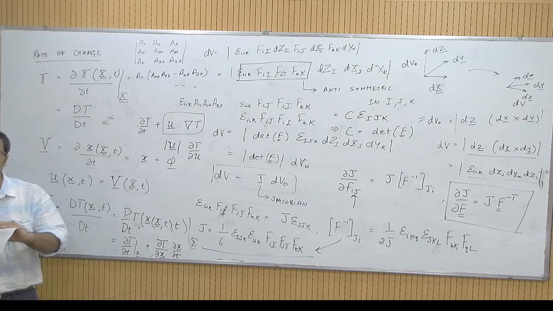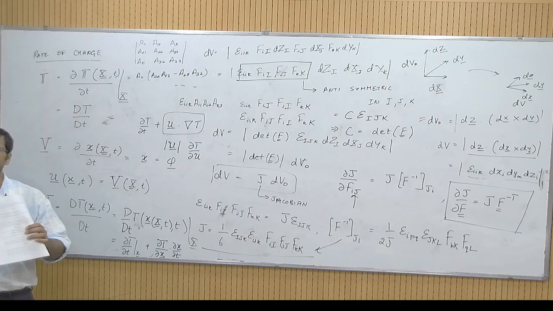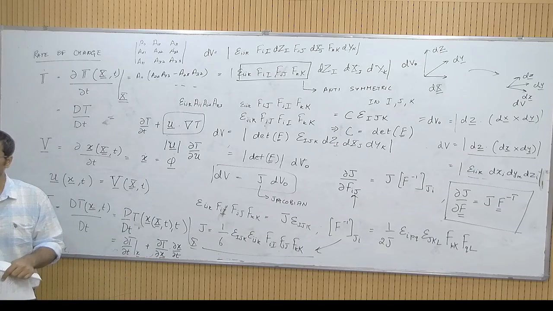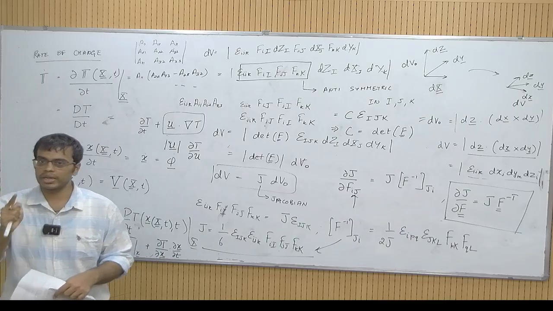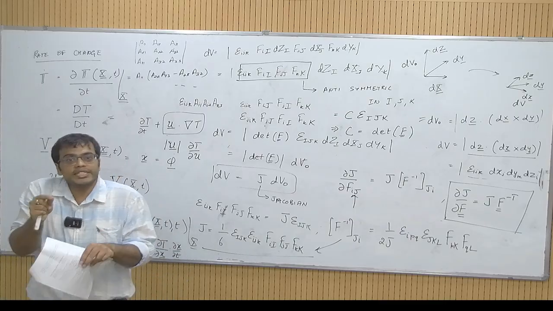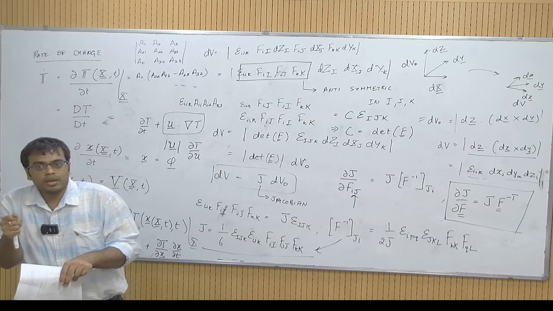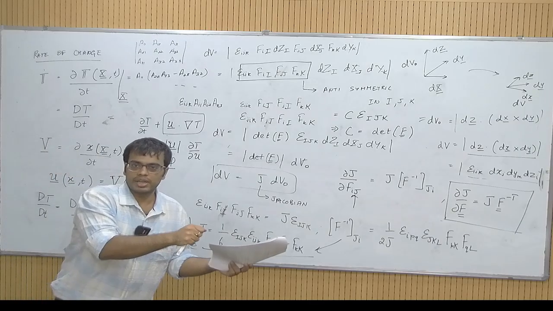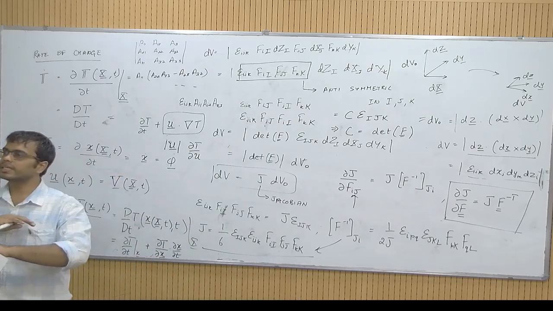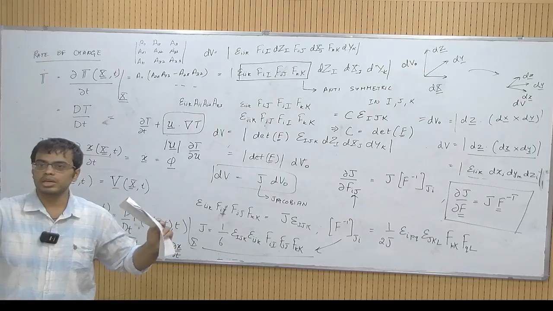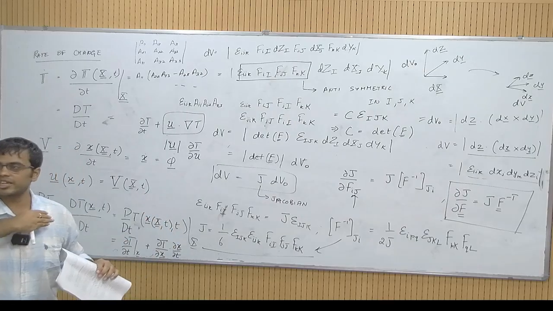So the rate of change of, let's say, temperature or any tensorial quantity of a particle is equal to whatever it changed at a given location, plus whatever the particle traversed in a non-uniform field. An example of this is, let us say the temperature of this room is constant in time, but it is not uniform in space.